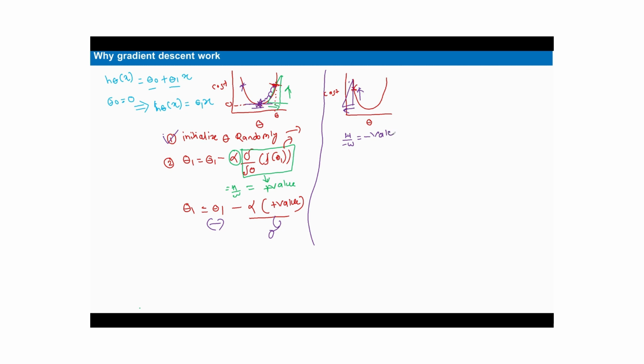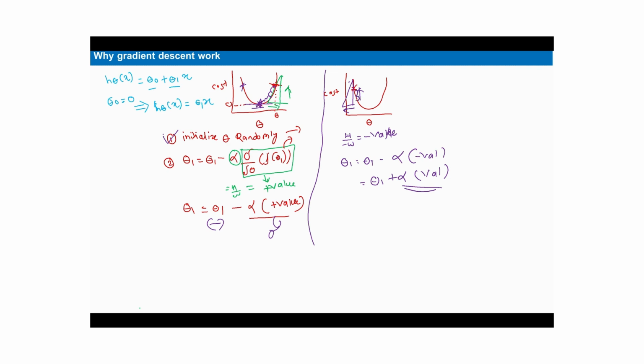Internally, theta 1 is equal to theta 1 minus alpha into some negative value, so minus minus becomes positive. So we are doing theta 1 plus alpha into some value. Whatever the current value of theta is, we are adding some value to it, which means we are going forward, from here we are going like this.